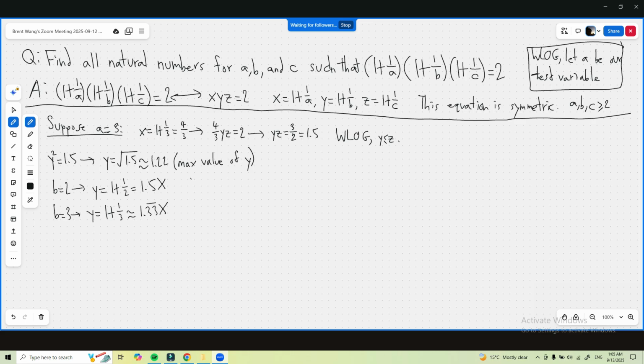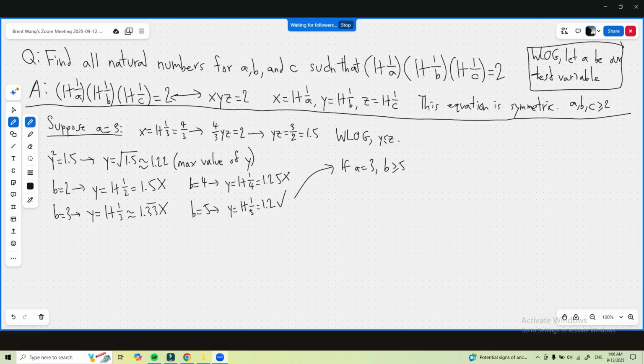If B was equal to 4, y would equal 1.25, still too high. But if B was equal to 5, y would equal 1 plus 1 over 5, which is 1.2. That's less than 1.22, so we've got it. Therefore, if A equals 3, then B has to be at least 5.